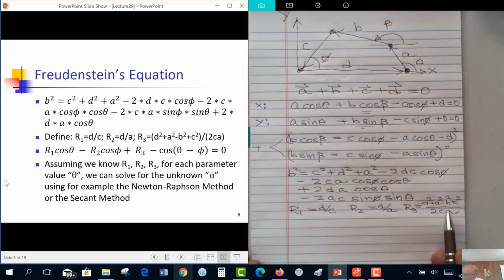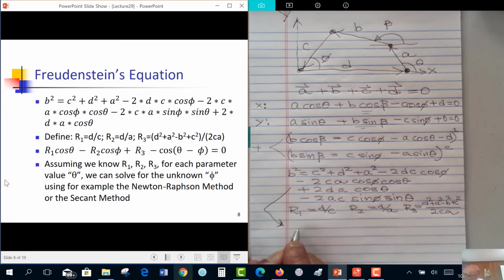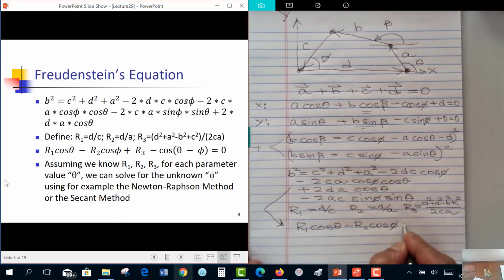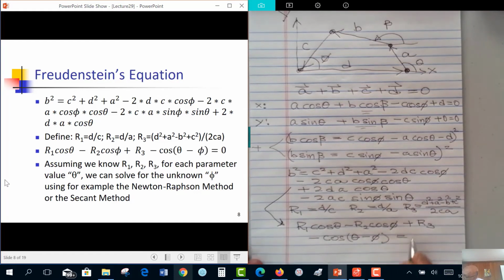So when we do these substitutions in here, our equation simplifies, because notice all of these are included here. So we will get a simple equation: R1 cosine theta minus R2 cosine phi plus R3 minus cosine (theta minus phi) is equal to 0.